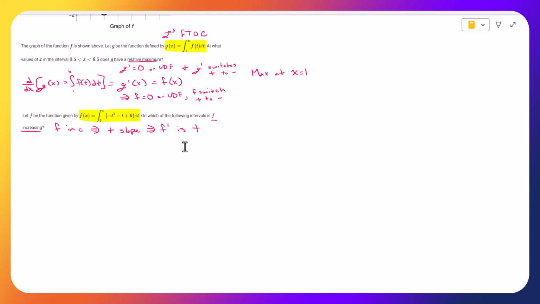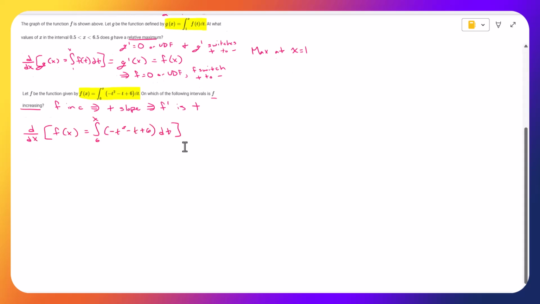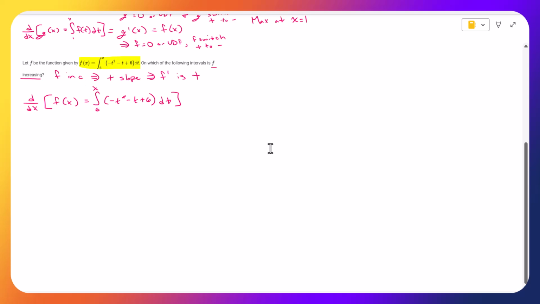Well, let's take the derivative of f of x equals this integral from 6 to x of negative t squared minus t plus 6 dt. Eventually we'll actually learn how to do these integrals when we don't have a bound like this, but the derivative of f of x is f prime of x.